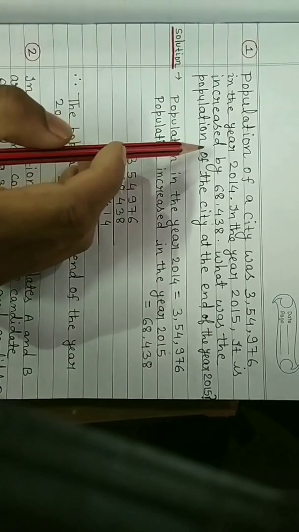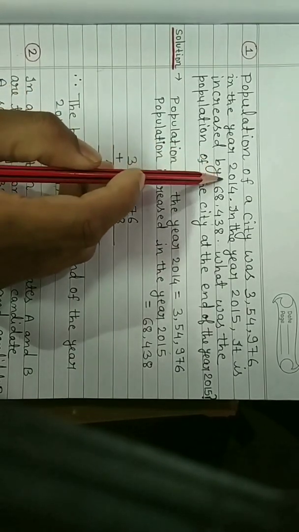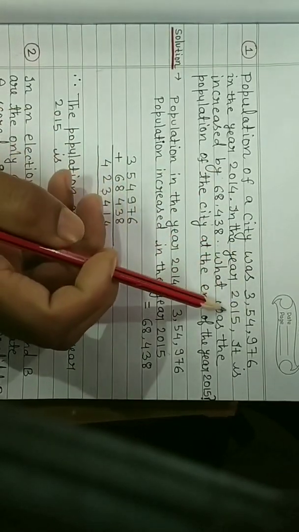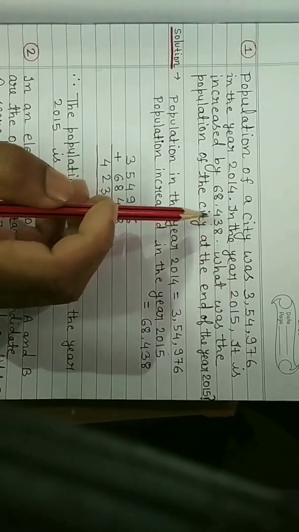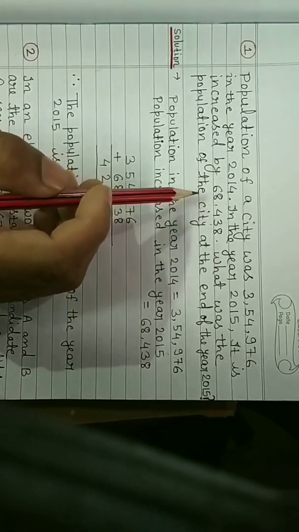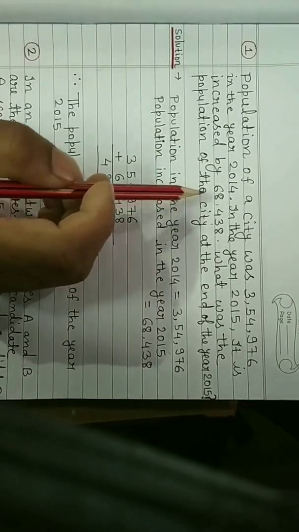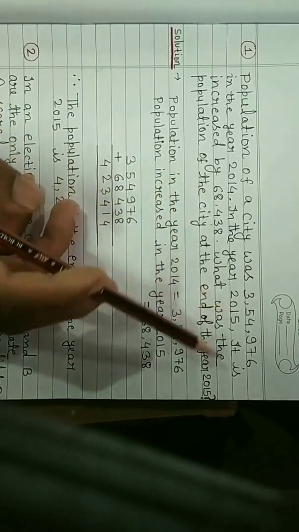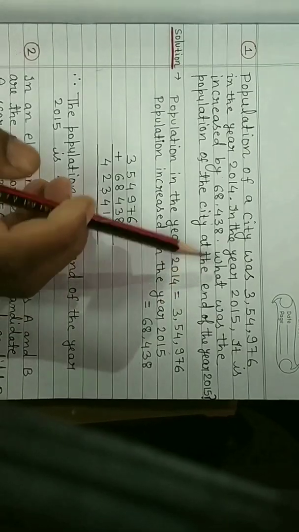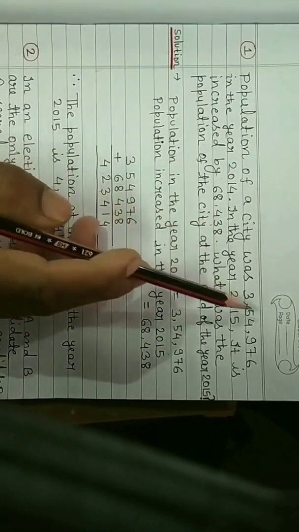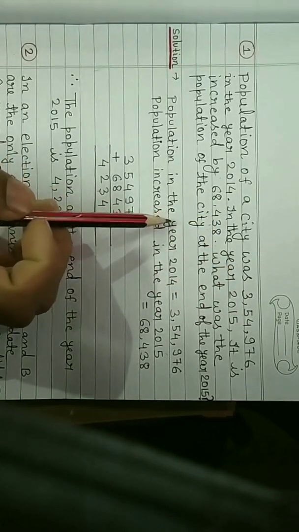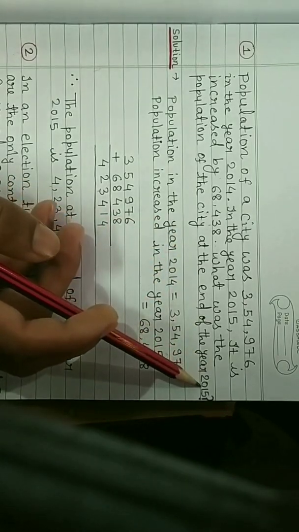So here the population of the city in the year 2014 is given, and during the year 2015 it increased by this number, and now we have to find the total population at the end of the year 2015. So we are going to add these two numbers, then we will get the total population at the end of the year 2015.